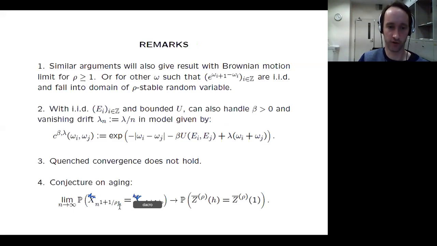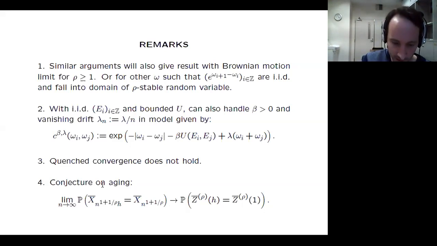If we look at the relevant time scaling, where we are at time 1 and some constant multiple of this time later, then we're likely to be at the same site, because the time that we're in the trap has the same order as the time that we spent up until that point.